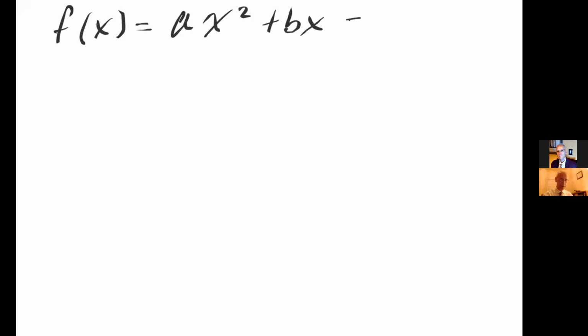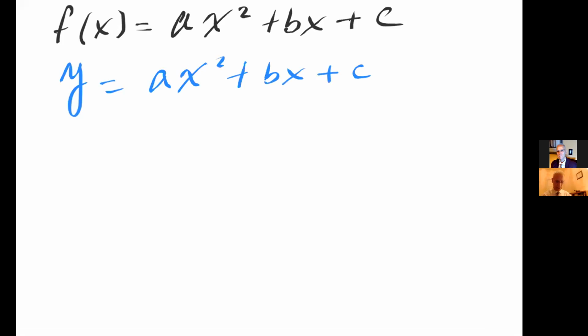All right, so what is it that we know about any quadratic function? We know that any quadratic function, f of x equals ax to the second plus bx plus c. Or, you can think of this as y equals ax to the second plus bx plus c.